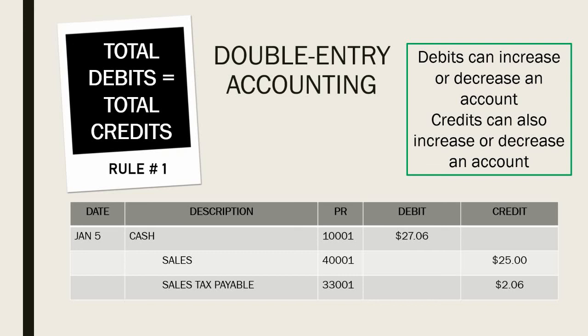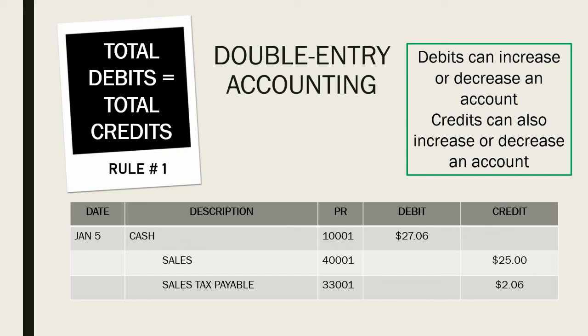Now we're going to talk about how we enter our transactions into QuickBooks, okay? This is what QuickBooks does behind the scenes, but this is a way for you to understand how a transaction affects a business, right? By looking at where the money is flowing in and where the money is flowing out from.